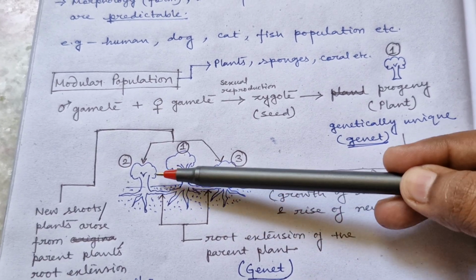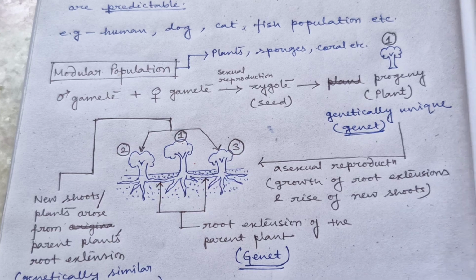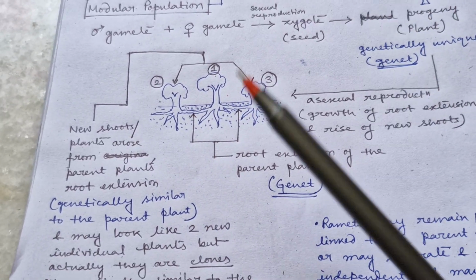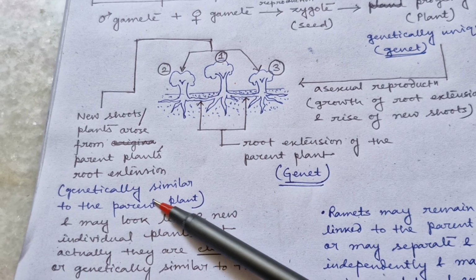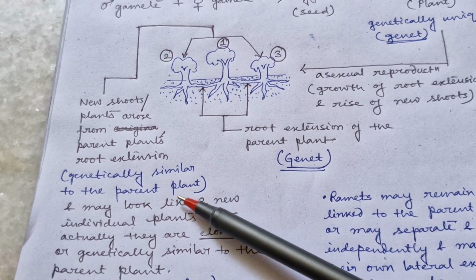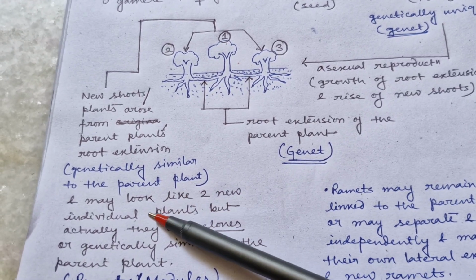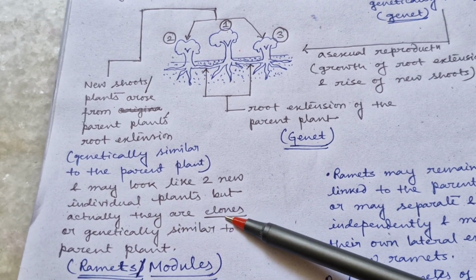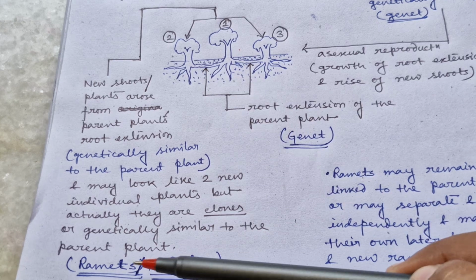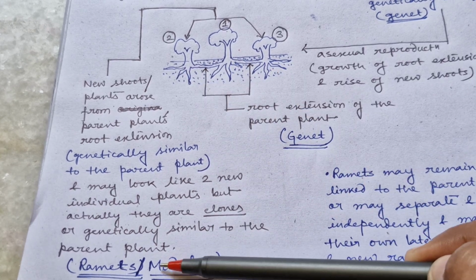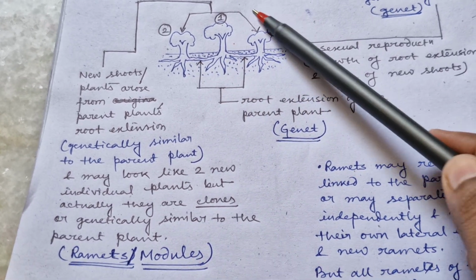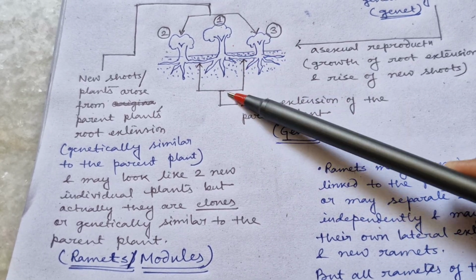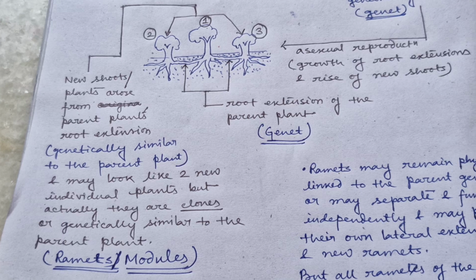These are the root extensions, and these second and third plants are the new shoots or plants that arose from the parent plant's root extensions, which are genetically 100% similar to the parent plant. They may look like two new individuals, but they are actually clones of the genet. So these two are called ramets or modules. These three are actually a single individual in the case of modular population.